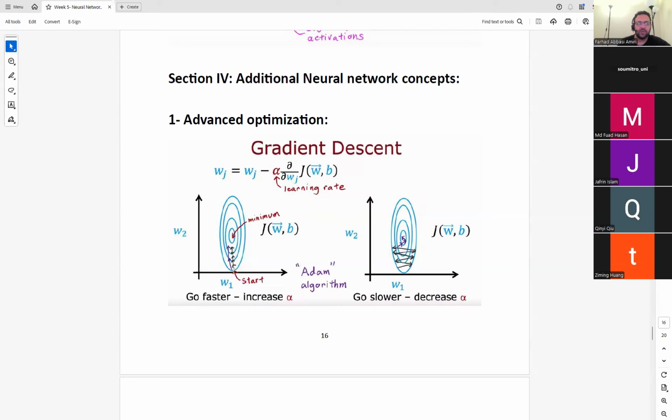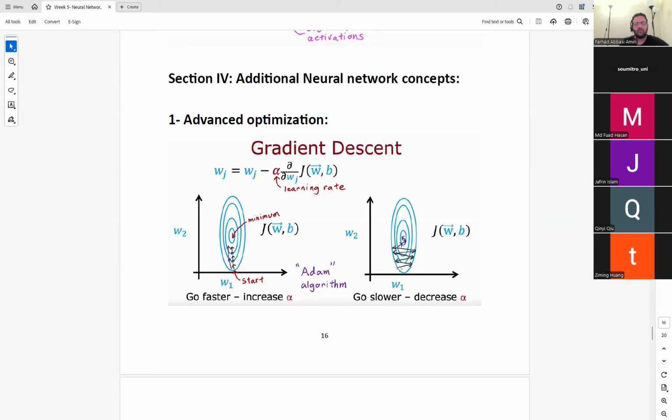And how can you increase your step size? By increasing the learning rate alpha, right? Or the opposite scenario is this one. If you start your gradient descent from here, at first you take a very big step, you come here, take another big step, you come here, and then here, up to the optimum point.